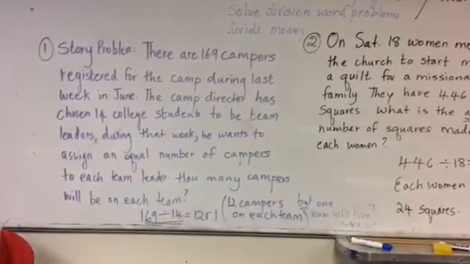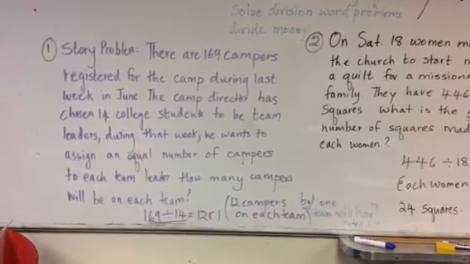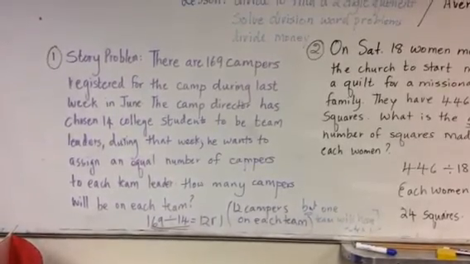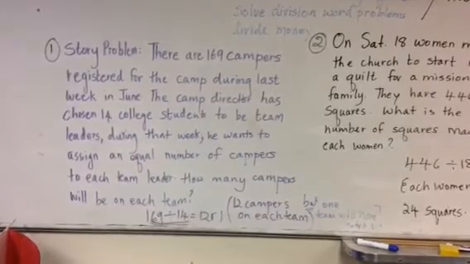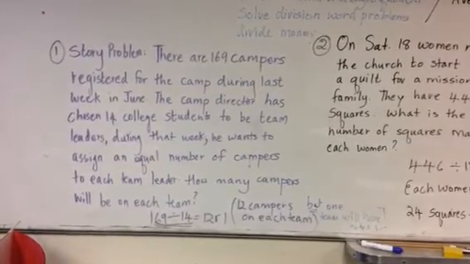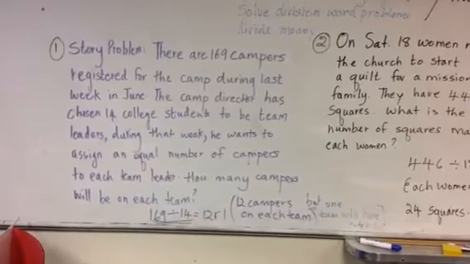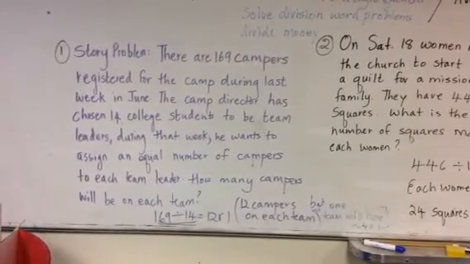So that means each team will have 12 campers, and one team will have an extra student. So one of the teams will have 13 because there was one remainder.